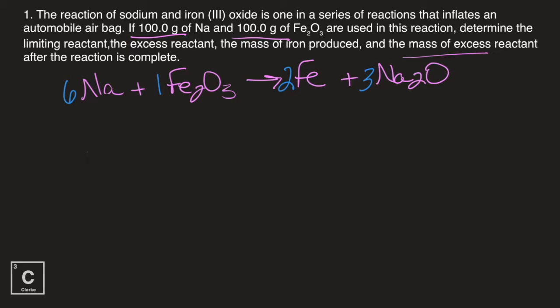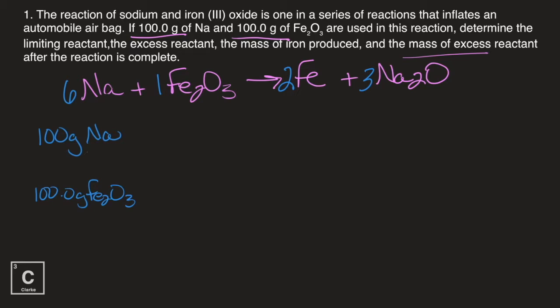Now let's get ready to start our problem. I'm going to set up both problems at the same time. We've got 100 grams of sodium. That's our first given. Our second given is 100 grams of iron 3 oxide. If you were just looking for the limiting reactant and the excess reactant and that was it, it wouldn't matter which product you compare these 2 reactants to.